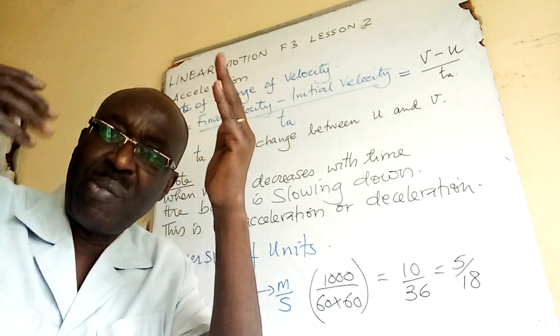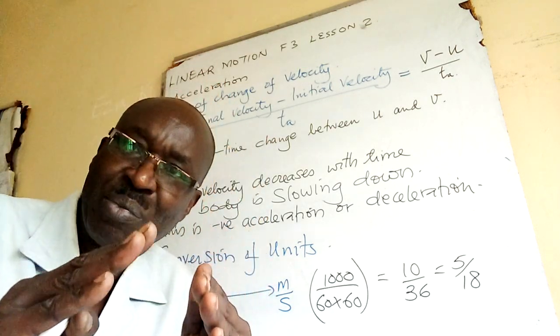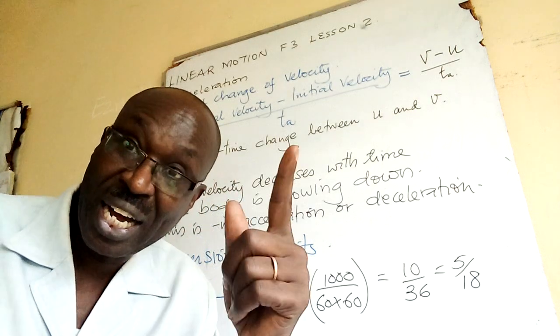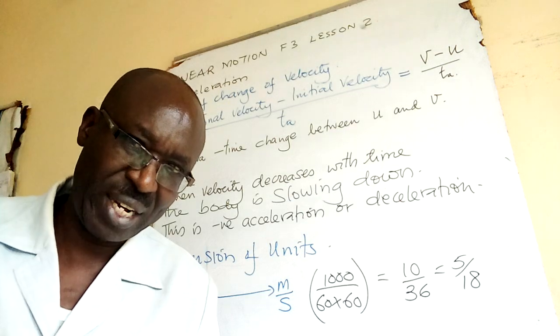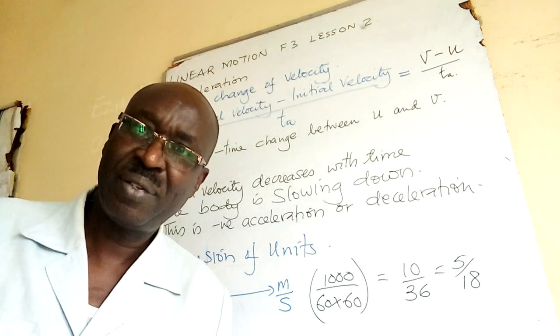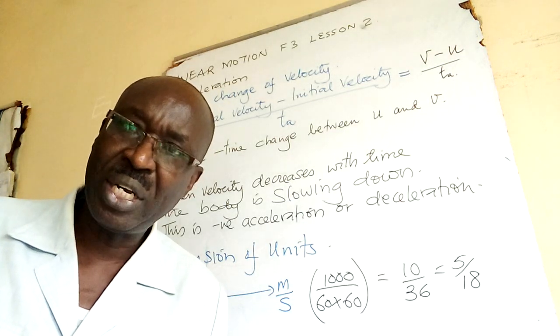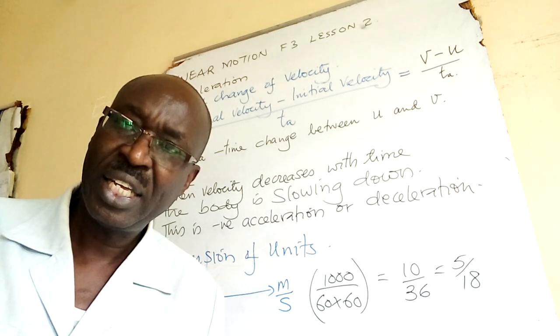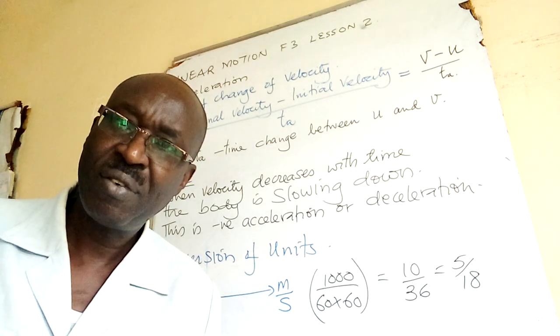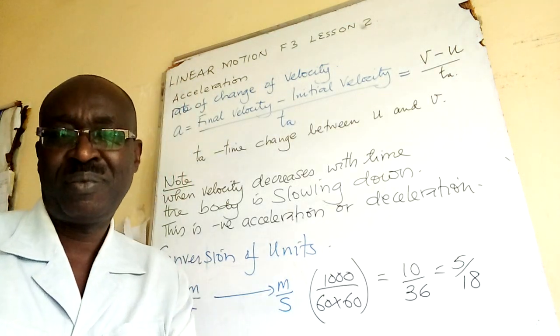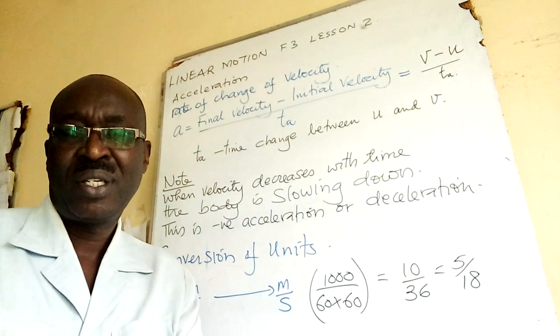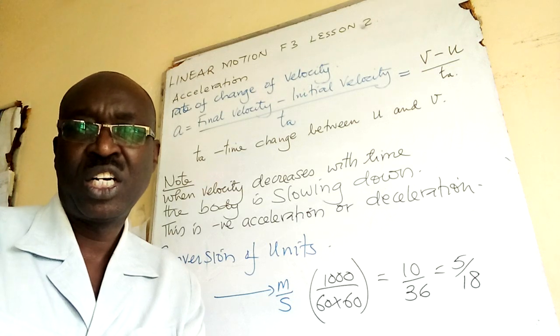So I'm at 60, I'm slowing, and I can read now 30 meters per second. That happened, let us say, in 5 seconds, from 60 to 30.